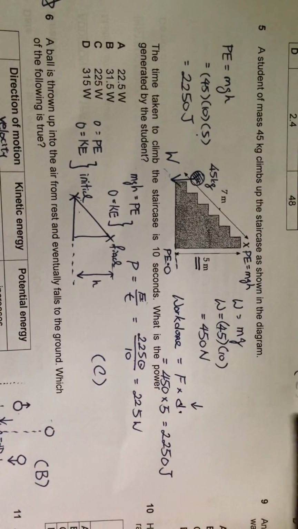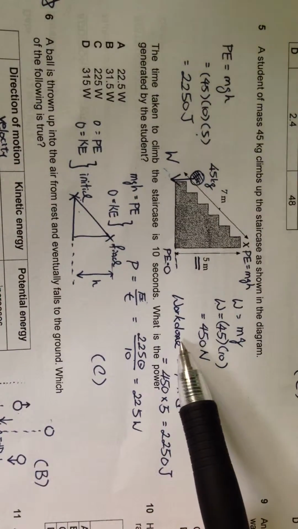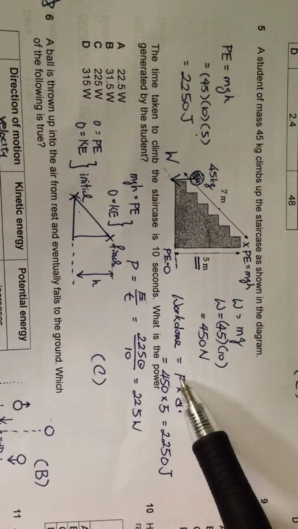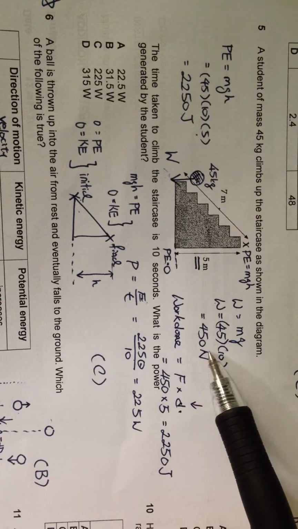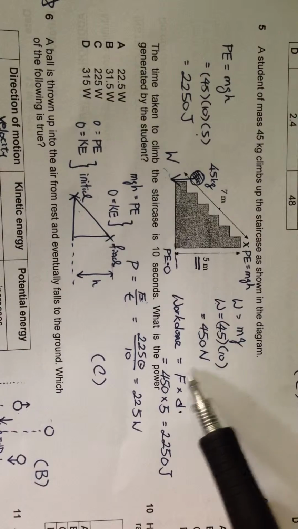Okay, I repeat, the force here on the student, because we are interested in finding the work done on the student, so I have to find the forces acting on the student. So in this case, the only force that is acting on the student is the gravitational force on the student, which is 450. Now the gravitational force is acting in a vertical direction.